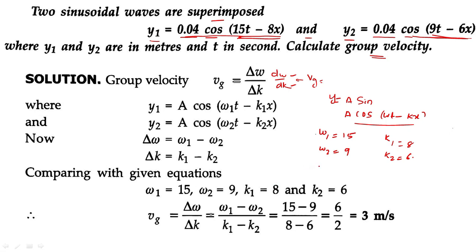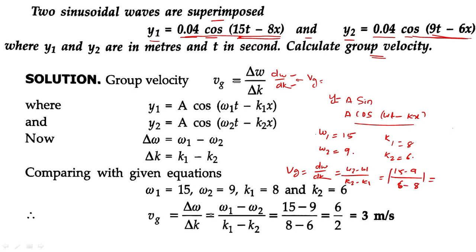That is equal to omega 2 minus omega 1 by k2 minus k1. Omega difference is 15 minus 9 divided by k2 minus k1. Or you can easily find the difference, but you have to take the mod: 6 minus 8.